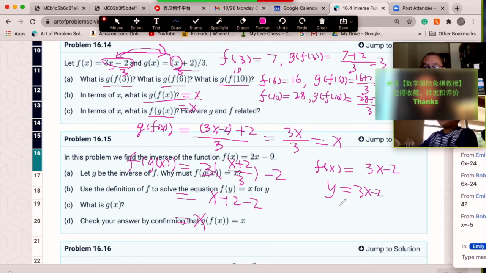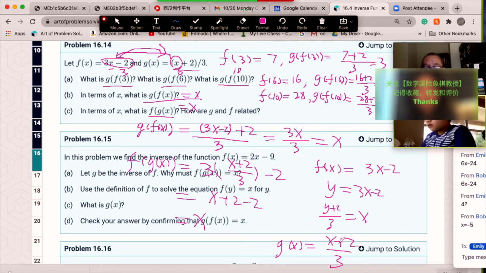Then we solve x in terms of y. Then we get y plus 2, divided by 3, equals x. So then we write here g(x) equals (x plus 2) divided by 3.